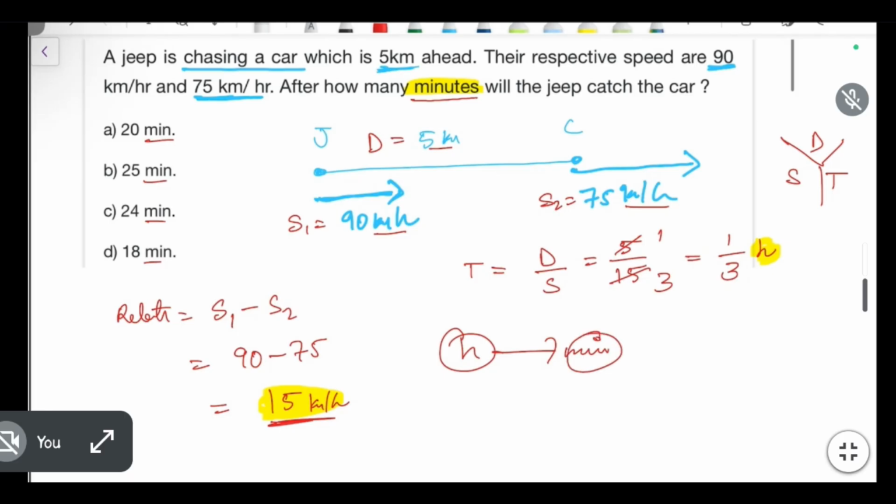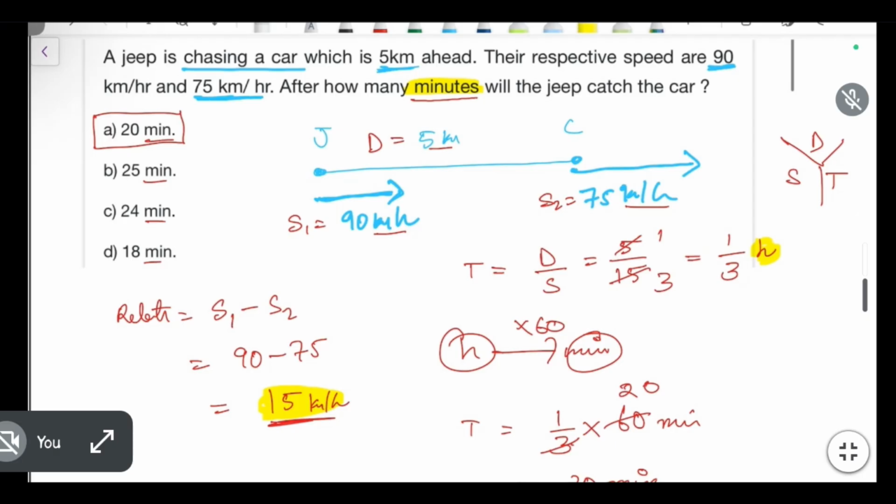Converting from a higher value to a lower value means I need to multiply by 60. So time is 1 by 3 into 60 minutes. 3 twos are 6, and 0, which means the time here is 20 minutes. So we have the option, which is this one.